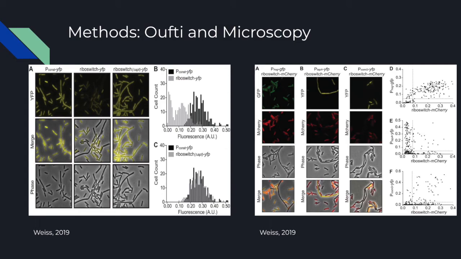On the left are the different microscopy images that have been edited in OFTI to show the bacteria fluoresce and the data we are able to collect from them, comparing fluorescence between different riboswitches. On the right is simply more images displaying different expression platforms on the same bacterial colony and the graphs we are able to collect from them.